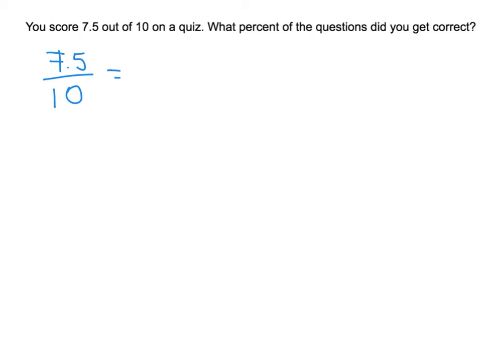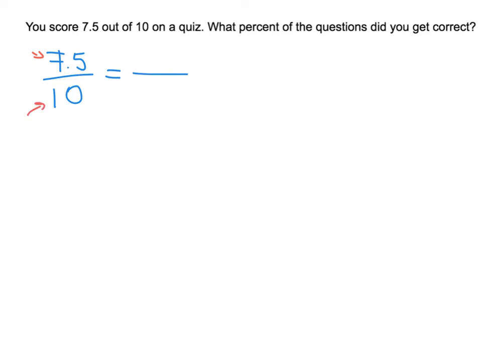Remember, when we're dealing with percentages, this has got to be a part to whole ratio, and so we want to make sure that here we're dealing with a part to whole ratio, which we are. Remember, this up here is the part, which is the questions we got correct.